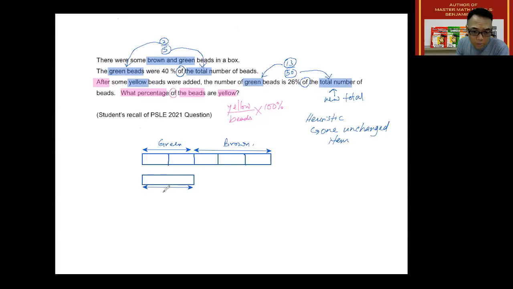This green portion, however, now represents a total of 13 units, or 13 boxes.